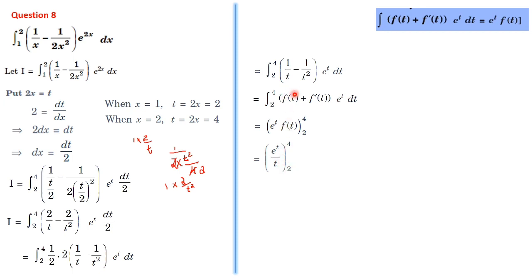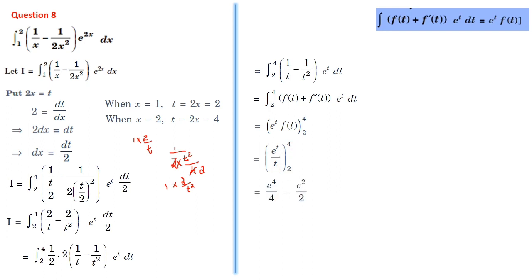And these two steps, of course, are not necessary, just for clarification purposes it is written directly. You can write here e raised to t into f of t, where f of t, the function, is 1 by t, so e raised to t into 1 by t is e raised to t by t, integral 2 to 4.